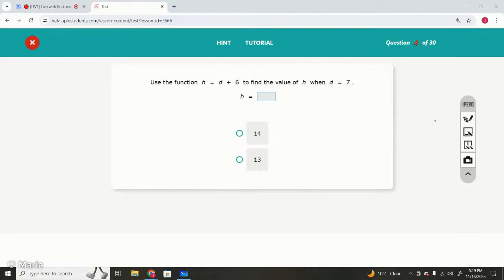Thirteen, it is option number 2 that is the correct option, that is 13.